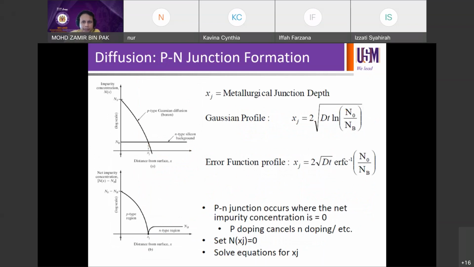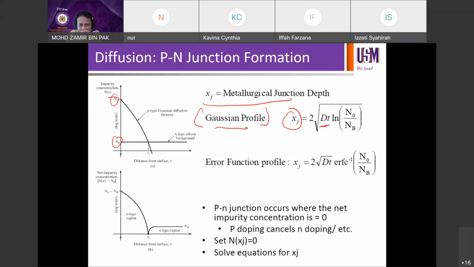Xj is the metallurgical junction. We discussed this just now and in the previous class as well. For a Gaussian profile, your Xj is given by 2 times square root of Dt times ln of N0 over NB. NB is given, N0 is given, so if you know the chart, you can easily calculate the junction depth.